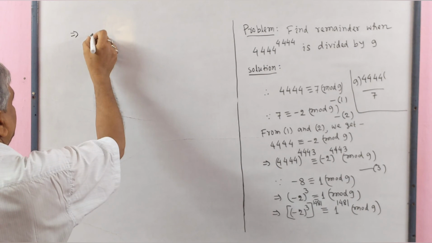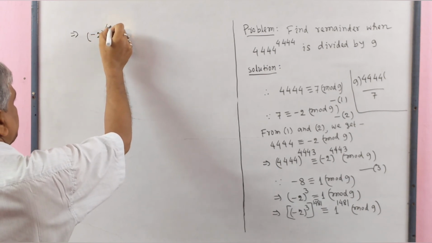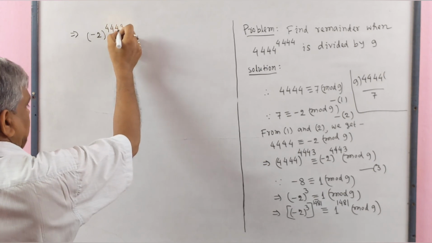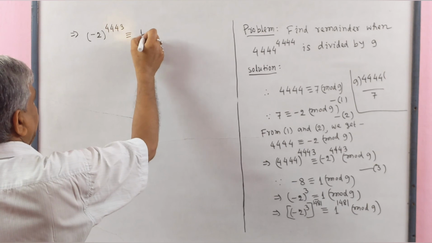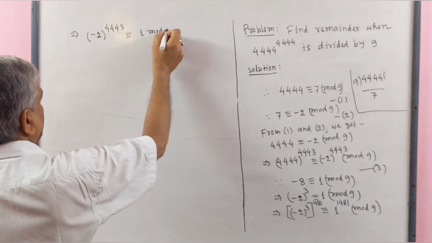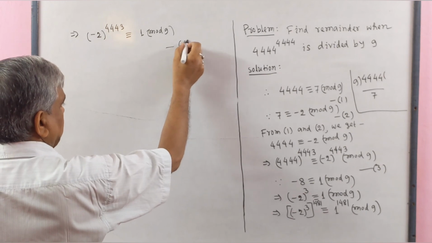This implies that -2 to the power 4443 is congruent to 1 modulo 9. This is number 4.